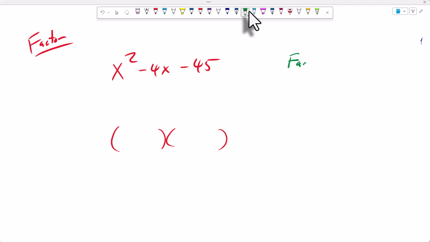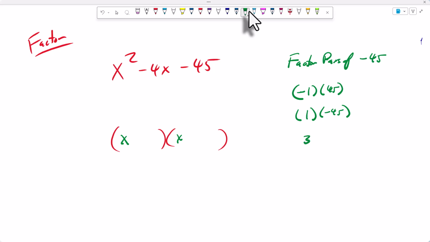Factor pairs of what? Of negative 45. Okay, which are negative 1, positive 45. 1, negative 45. 3, negative, what, 15?